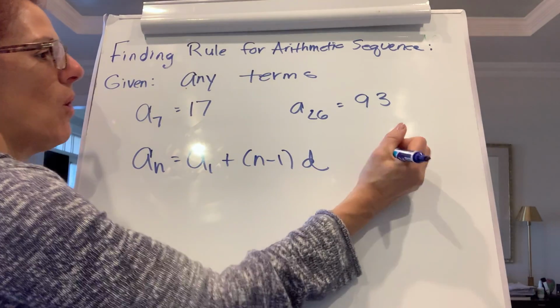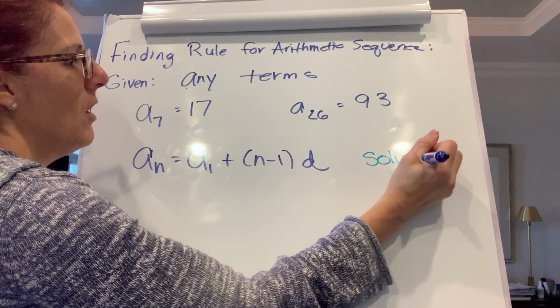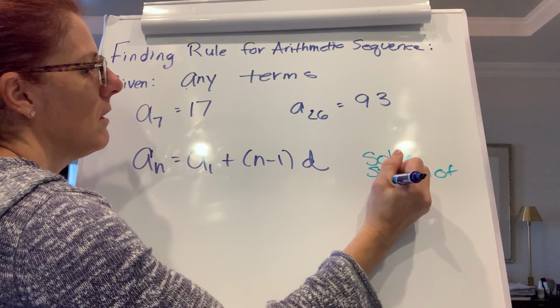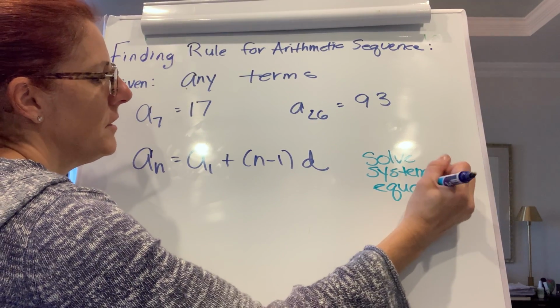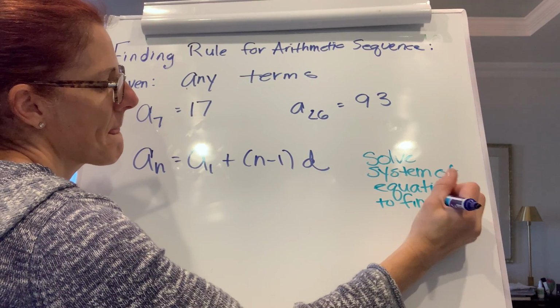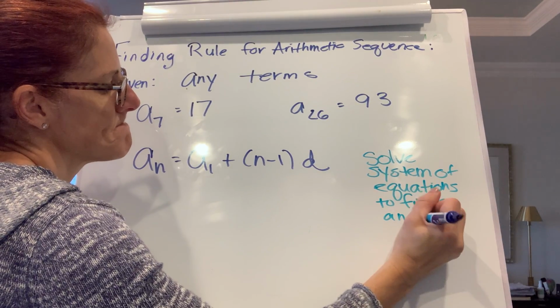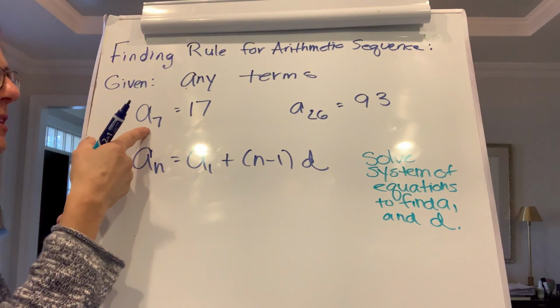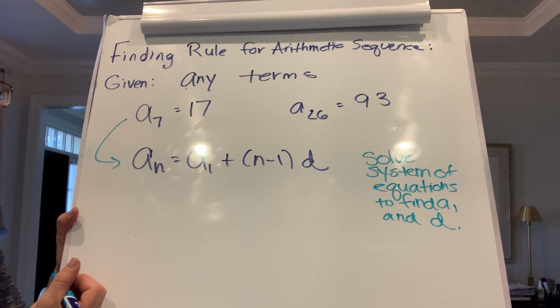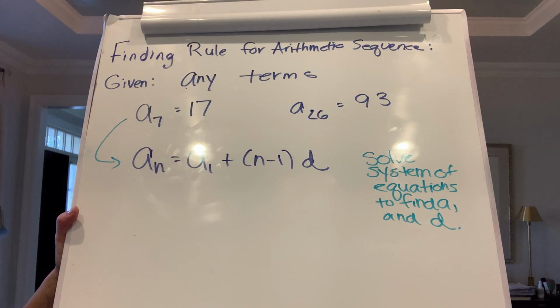So we're going to solve a system of equations to find A1 and D. First I'm going to get one equation by plugging in A7, and then a second equation by plugging in A26.